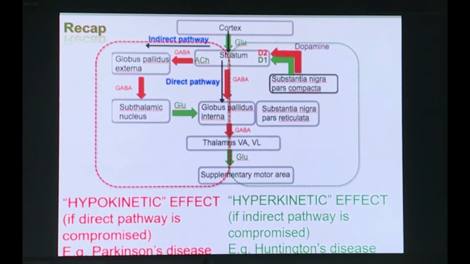And there is an opposing effect, that is the hyperkinetic effect, where the indirect pathway is compromised. So this is mainly seen in Huntington's disease. Since the indirect pathway helps in controlling all involuntary movements, and this pathway is compromised and there is over excitation of the direct pathway, there will be excessive involuntary movements.